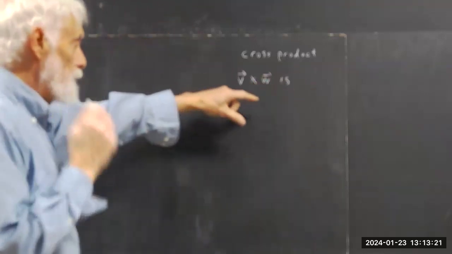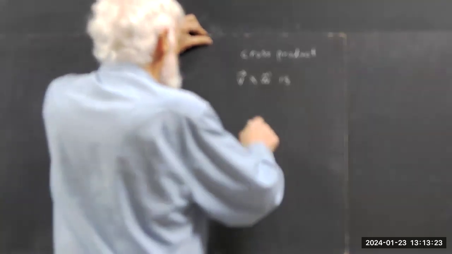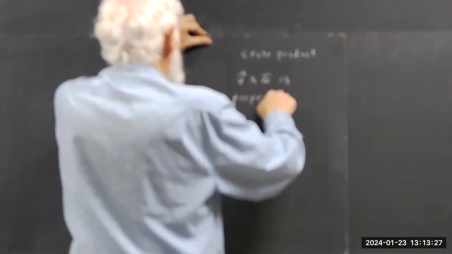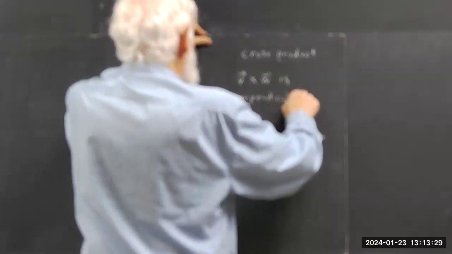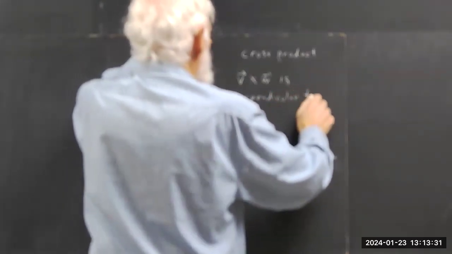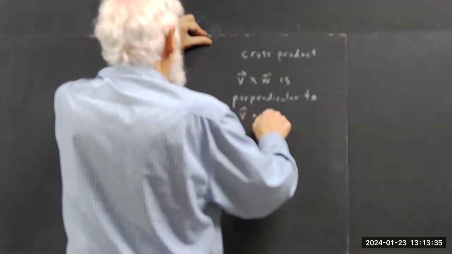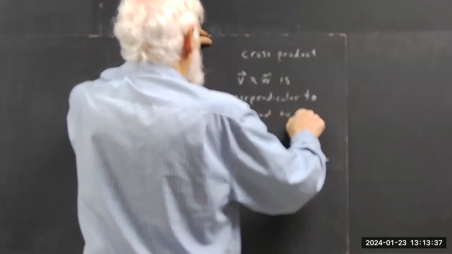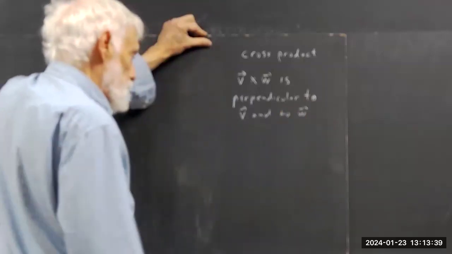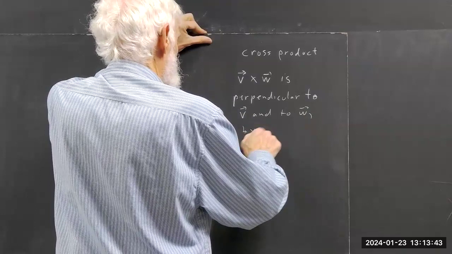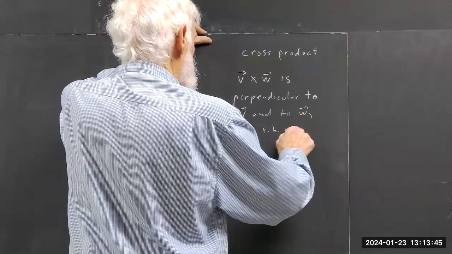Okay. V cross W is perpendicular to V and to W, by the right-hand rule. Everybody know the right-hand rule?